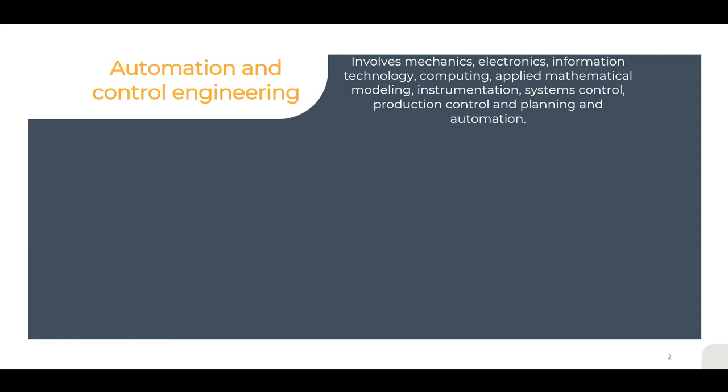So all this automation and control engineering, when I look at it, I just think that it applies to several other fields, be it in accounting, be it in agriculture, be it in education.